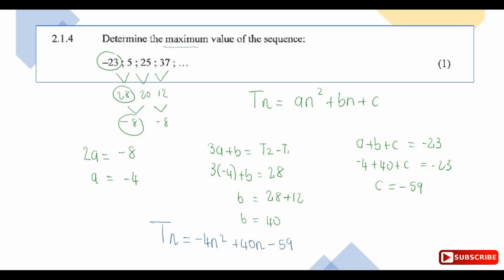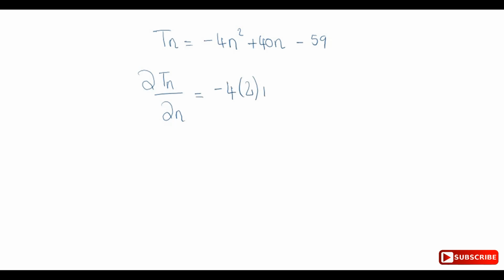We need to get the maximum value of the sequence, right? So we've got tn, which is equal to -4n squared plus 40n minus 59. And to get the maximum, we know that we are going to differentiate the tn in terms of n, right? So it's going to be -4 multiplied by 2n plus 40, right? And then plus 0, okay, which is equal to 0.